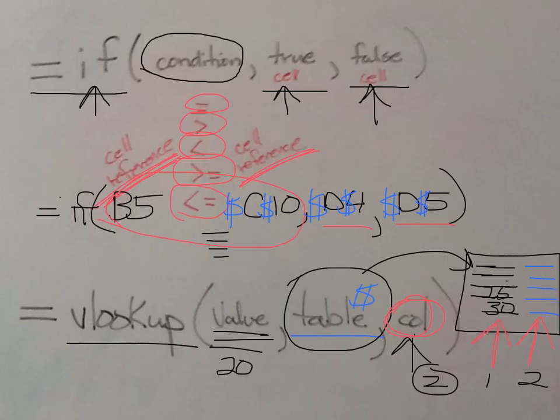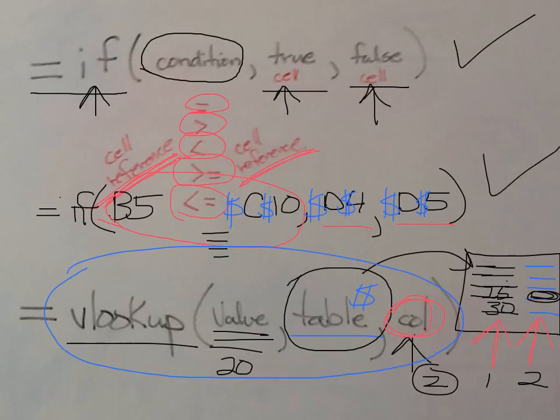This is a 2, second column, so we're going to take whatever value is here, and that's going to be the result of this entire formula. So it's a VLOOKUP. We are going to do lots of examples of IFs and VLOOKUPs throughout the course, so we'll get really good at both of those.